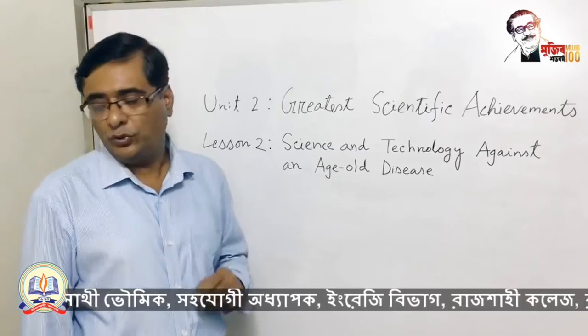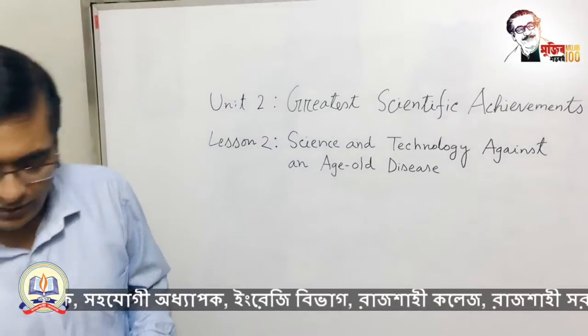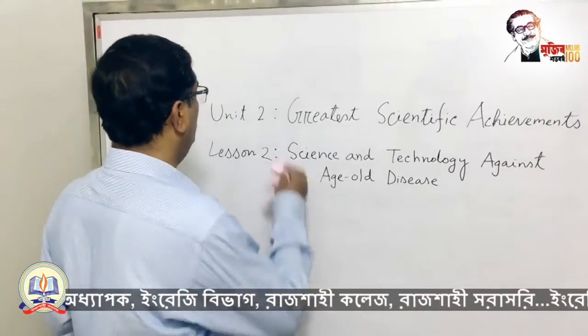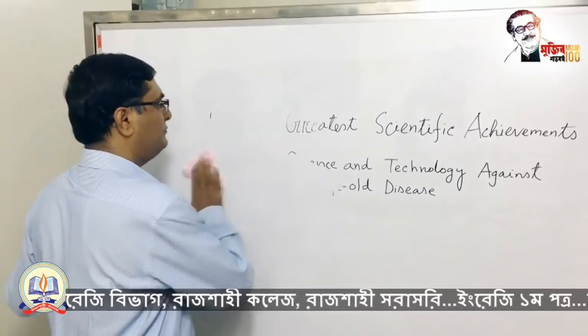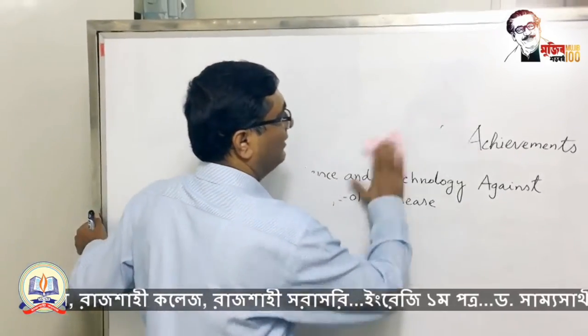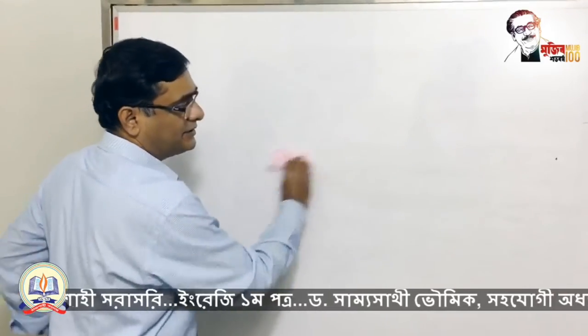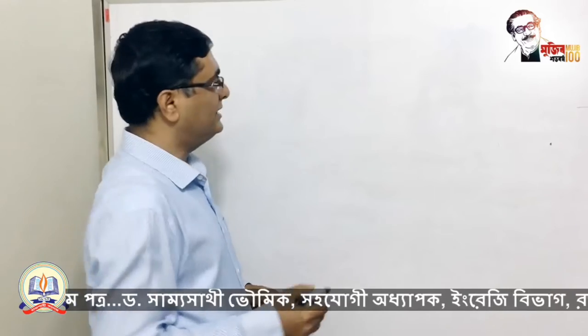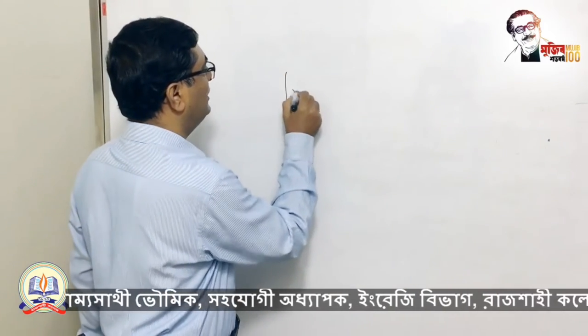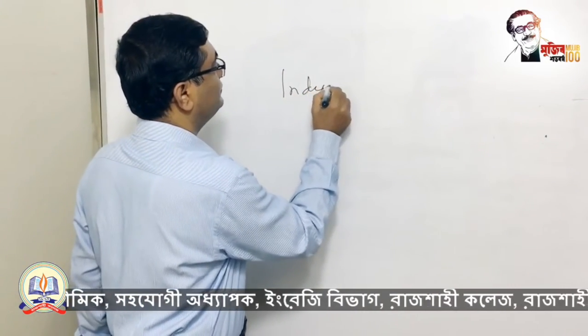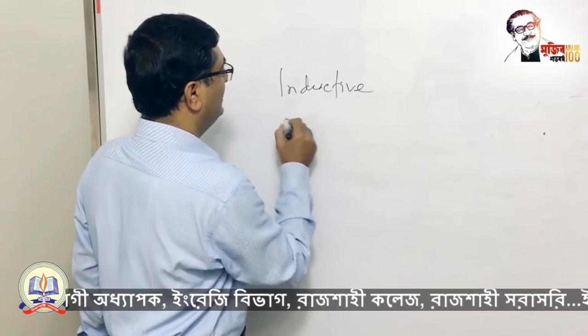And there are 2 ways I would like to show you to explain grammatical rules and grammatical items. The first method of discussing grammatical items is inductive method and deductive method.